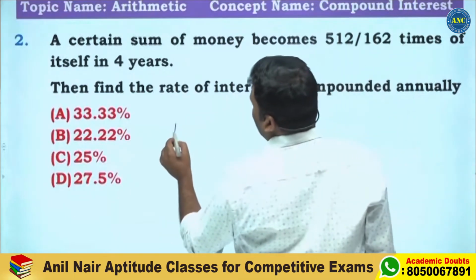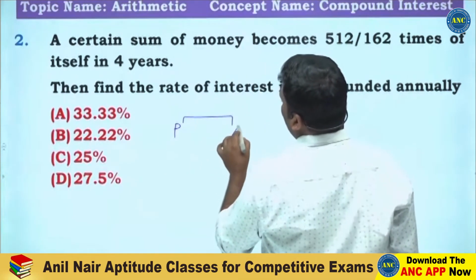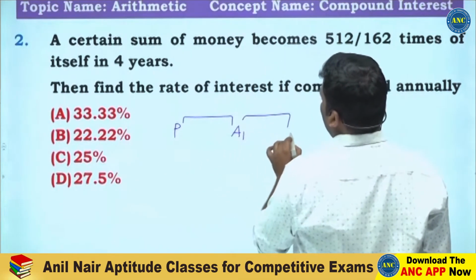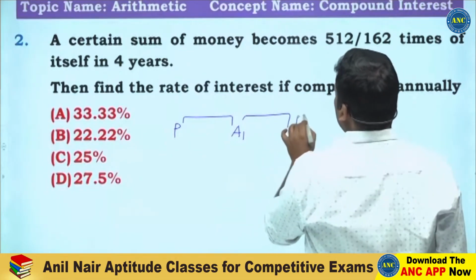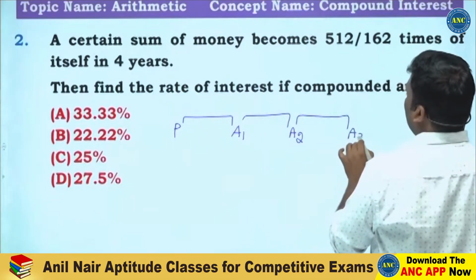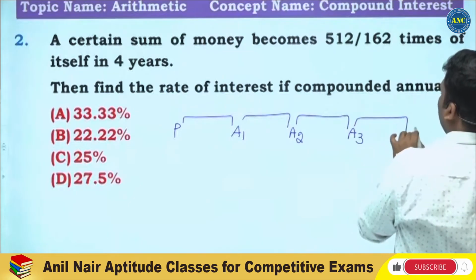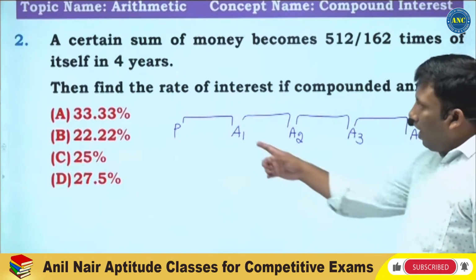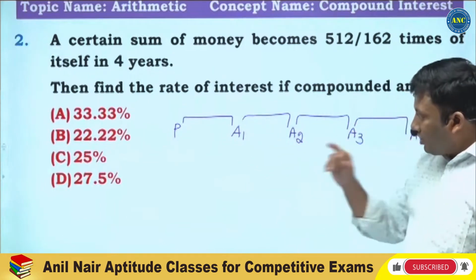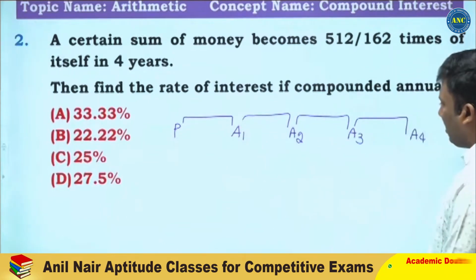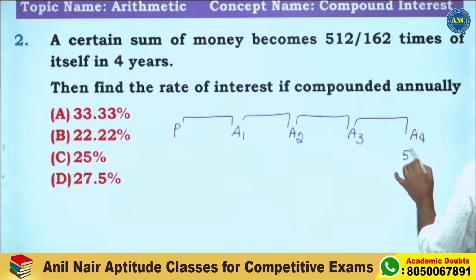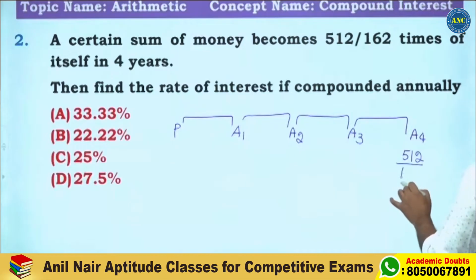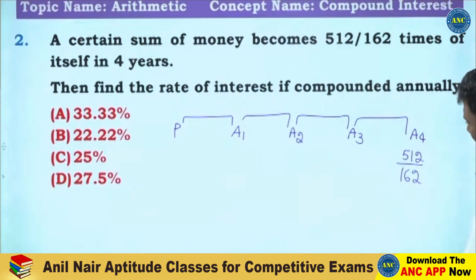That means there is a principal, amount after first year, amount after second year, amount after third year, and amount after fourth year. All are at equal time intervals, so the multiplication factor will be the same. This is 512 by 162. Check whether it is of the form power 4.